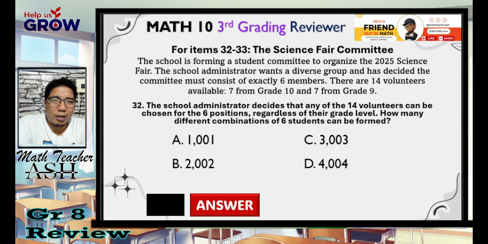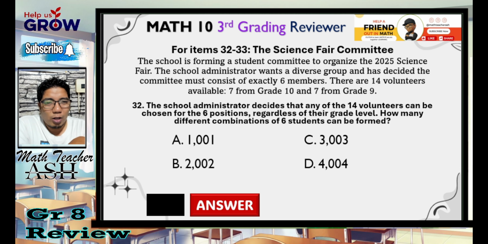Okay, my dear math learners, this is an example of a combination in which the 7 grade 10 and 7 grade 9 does not matter anymore. The focus here is that there are 14 volunteers and there can only be 6 members. So that would be the combination of 14 objects taken 6 at a time.